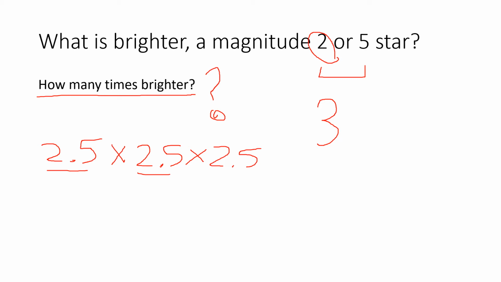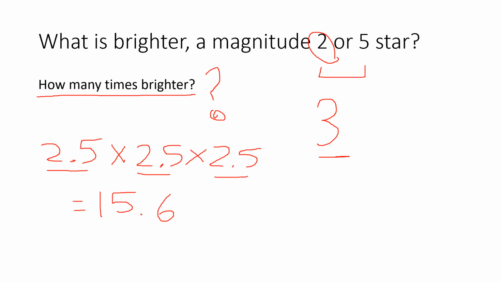We have 3 of them, 1 for each magnitude. And this comes out to be 15.6. So if you multiply 2.5 times 2.5 times 2.5, that's the answer.